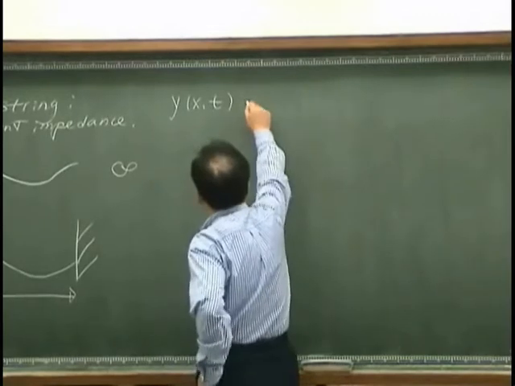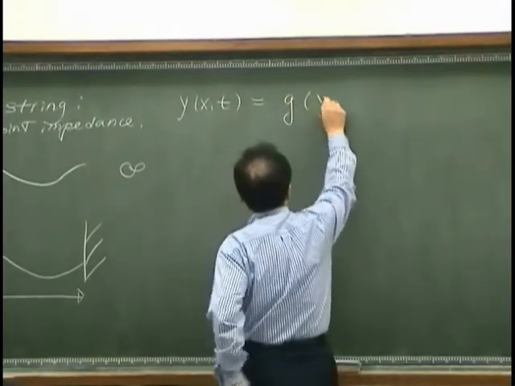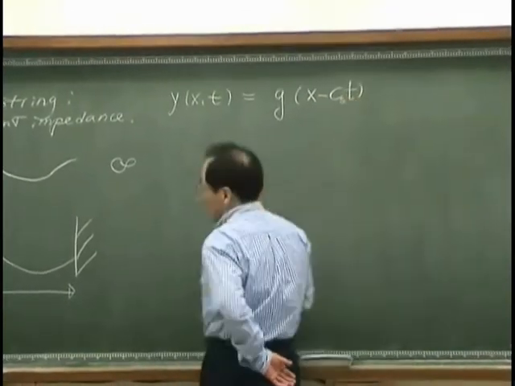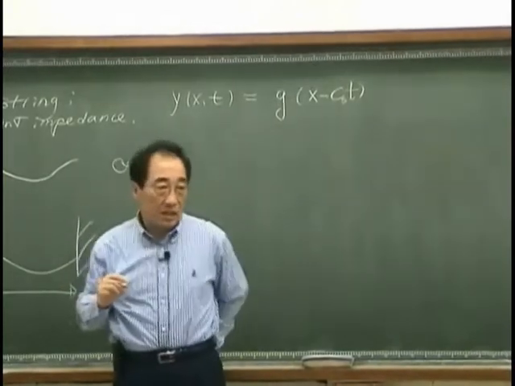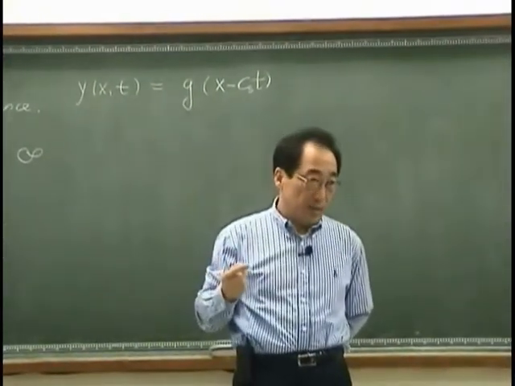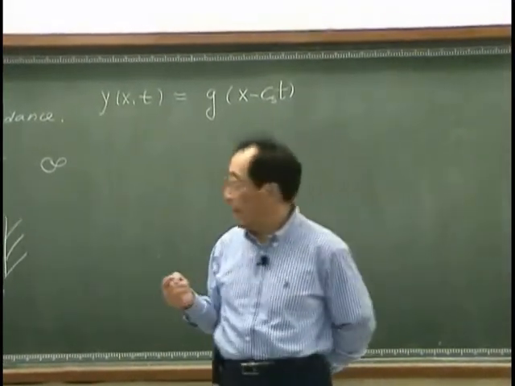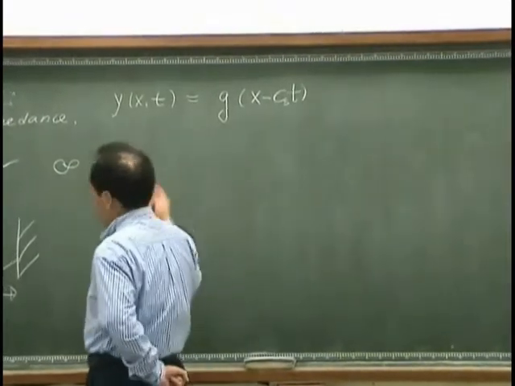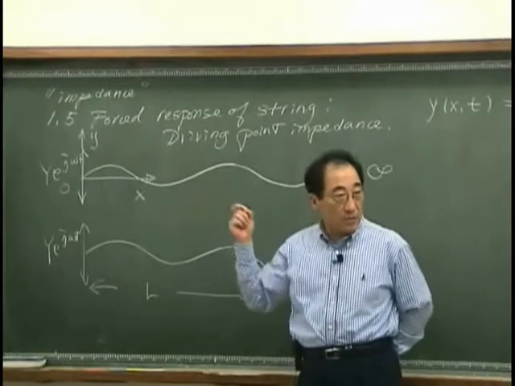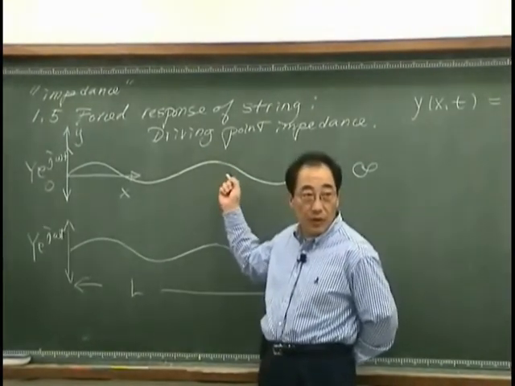And that will be expressed as g of x minus c_s t, and I'll put s over here to emphasize this is the wave speed of propagation along string. And the g is the shape of a wave. This mathematical expression certainly completely expresses what's going on over here.